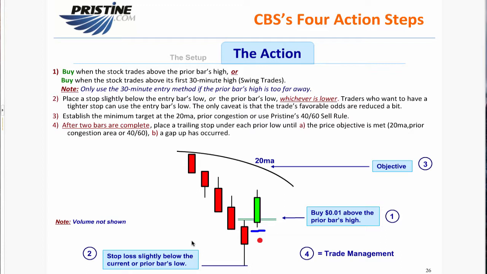And the target is going to be in the area of that 20 MA. That's going to be your target area, a retracement back up towards the 20 MA.